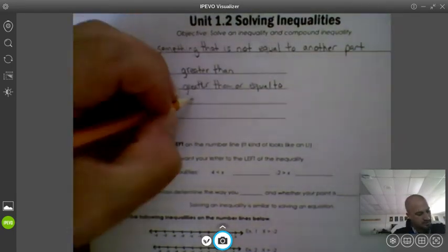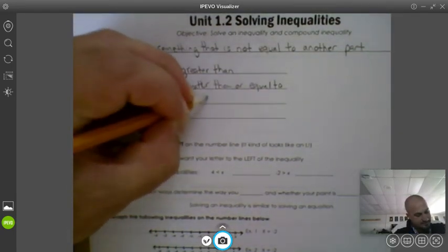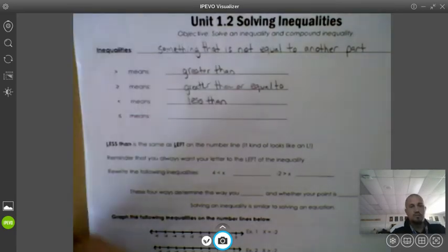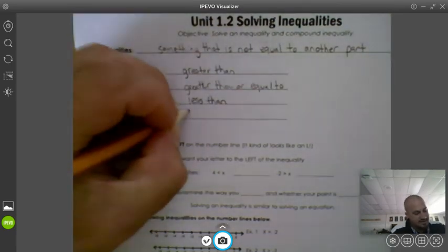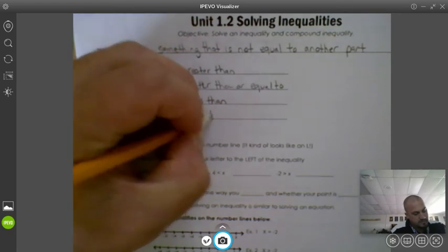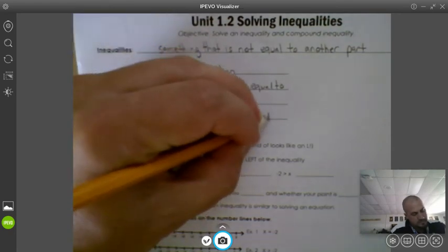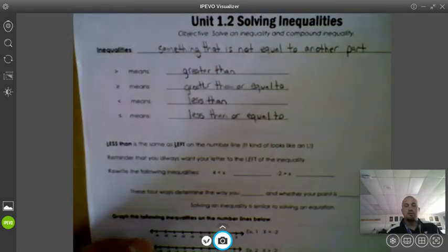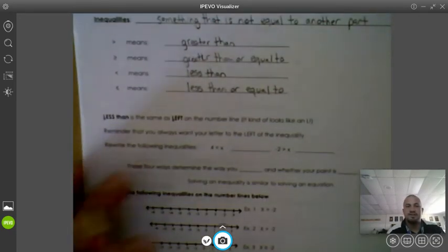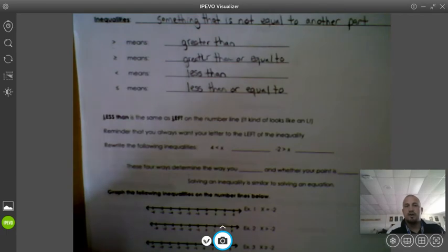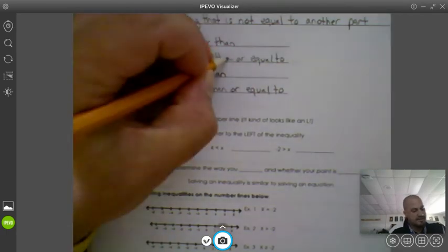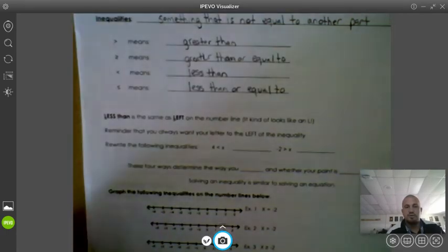Our third one means less than. Our fourth one means less than or equal to. And those are our four inequality signs that you need to know: greater than, greater than or equal to, less than, and less than or equal to.